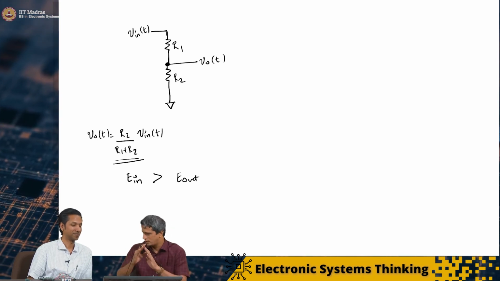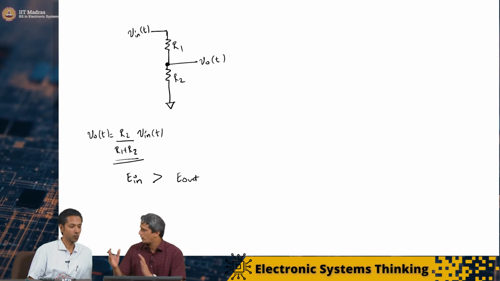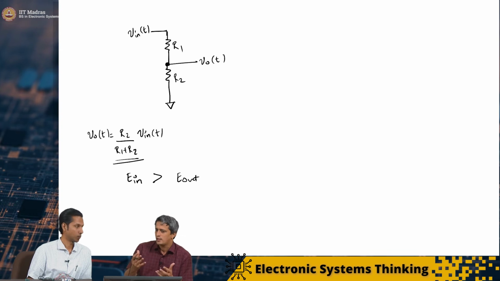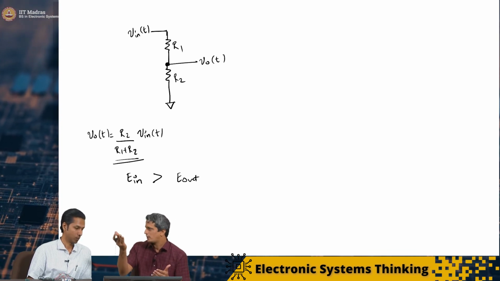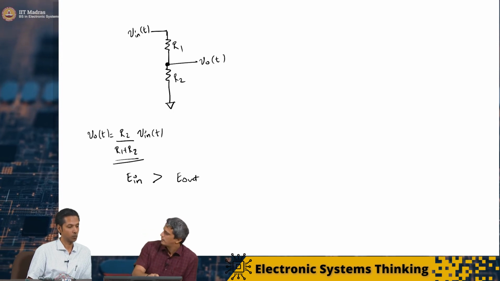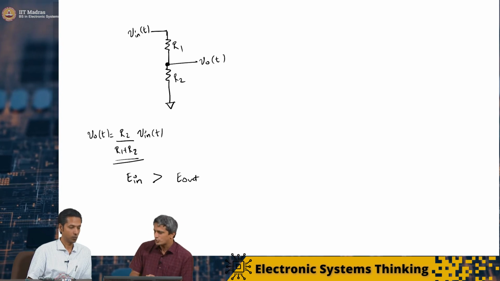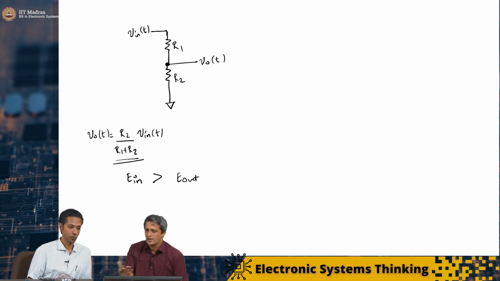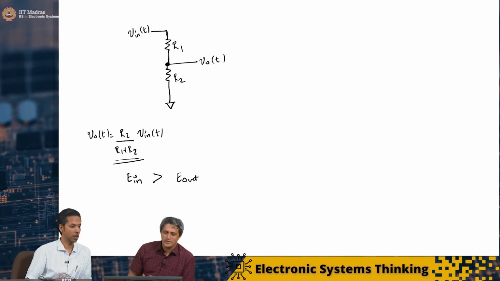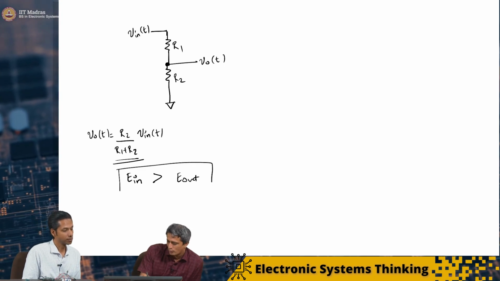Energy is conserved, so at most you can convert one form of energy to another. The moment you see energy going up somewhere, the first question is, where did that energy come from? Here it's very clear that E out is less than E in. So at most some energy can be lost, and where is it lost? Of course, in the resistors, as heat. So there's no problem here.